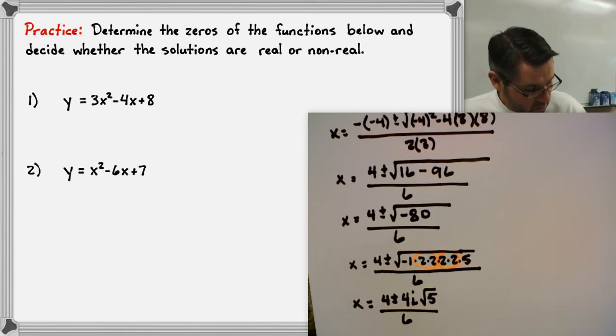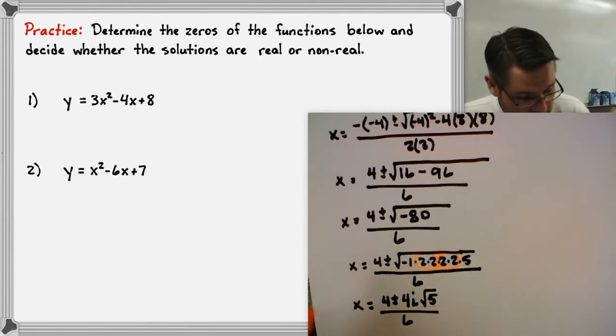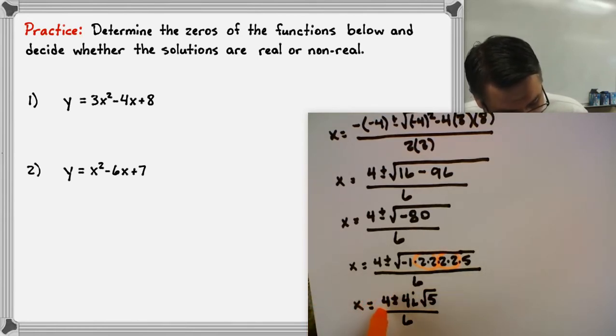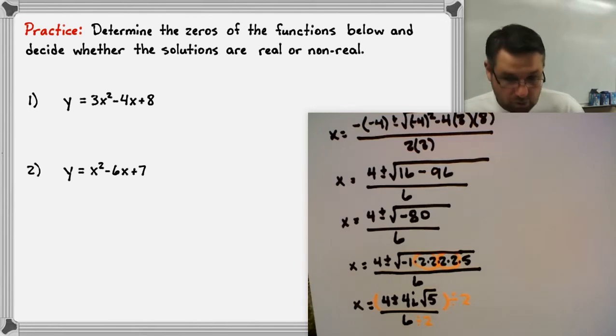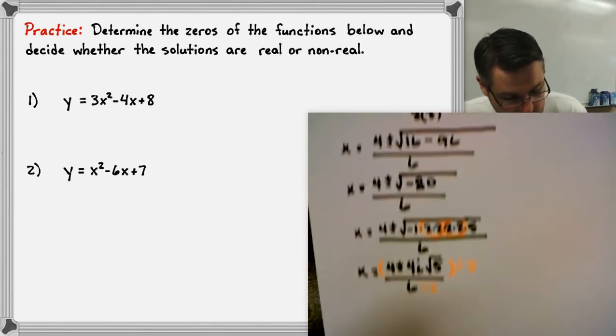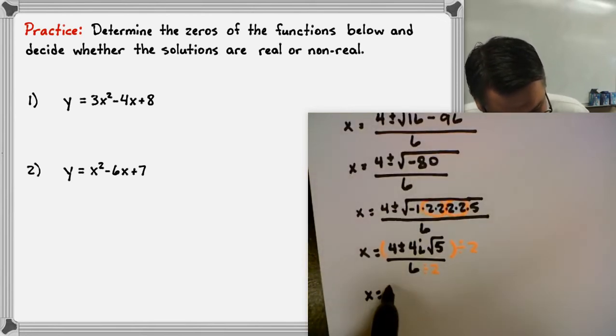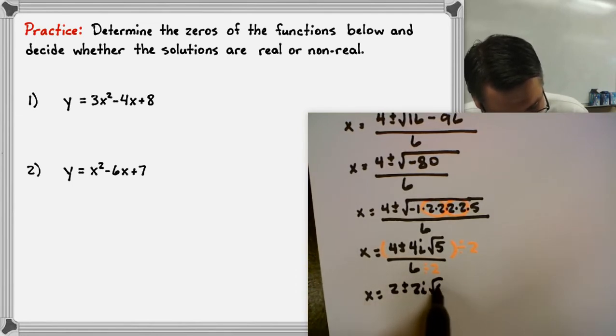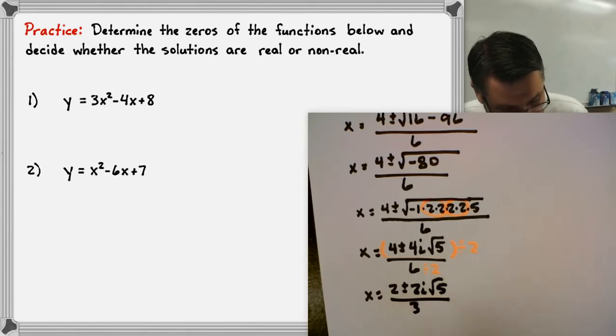One step to go. We need to see if we can reduce this in any way. Is there any common factors out of the whole thing? Well, the top are all even numbers, 4 and 4, and the 6 is even. So we could actually divide the top by 2 and also divide the bottom by 2. We can simplify those. And so we end up with x equals 2 plus or minus 2i radical 5 all over 3.